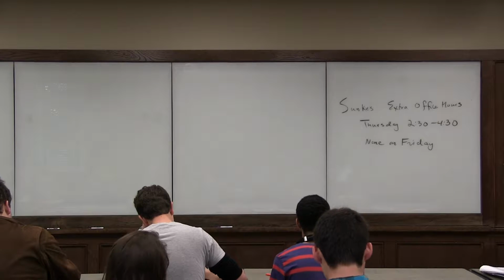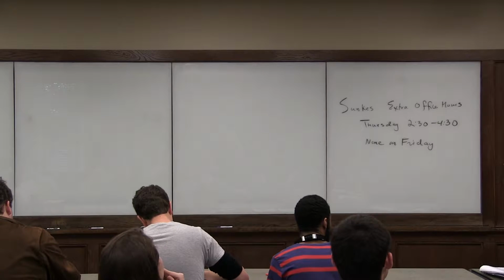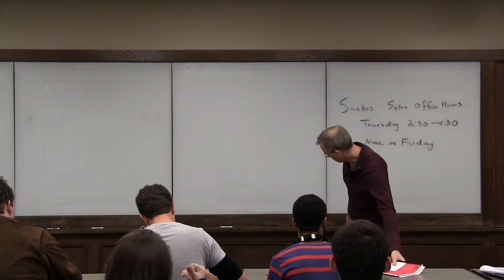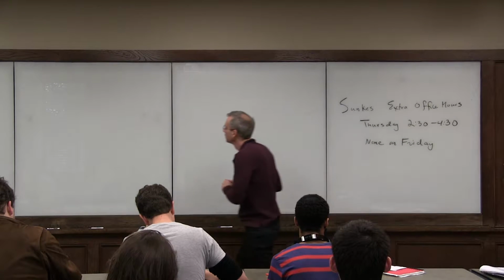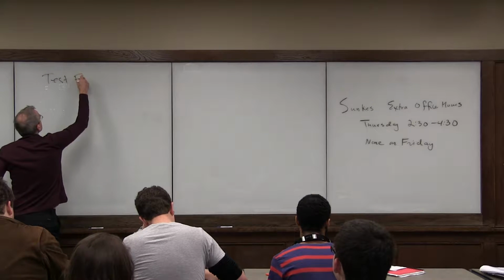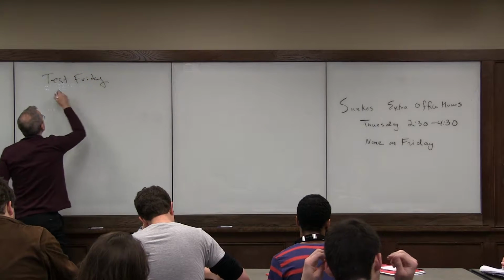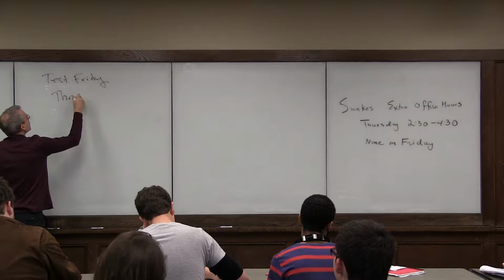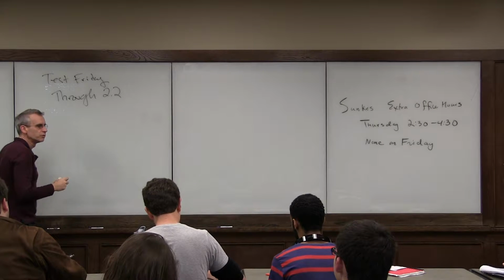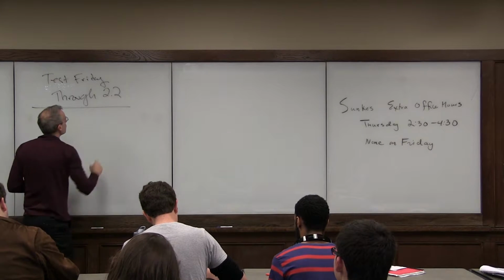All right. Let me just say a couple things before we get started about your test. The test is Friday, of course. Through 2.2, that includes 2.2, and includes the homework we're doing today.